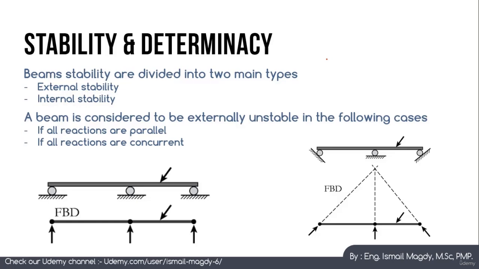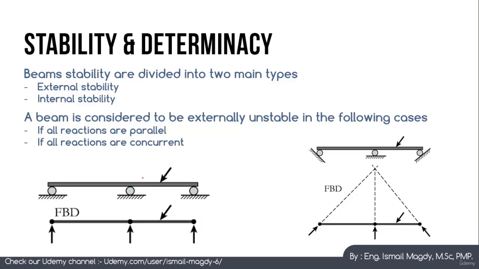Stability of structures is determined by the ability of the structure to withstand any certain load configuration without moving or having excessive displacement. For example, let's check this beam here. As you can see, we have three supports with three reactions, but all of them are vertical, and we don't have any support in the other direction or any reaction in the horizontal one.